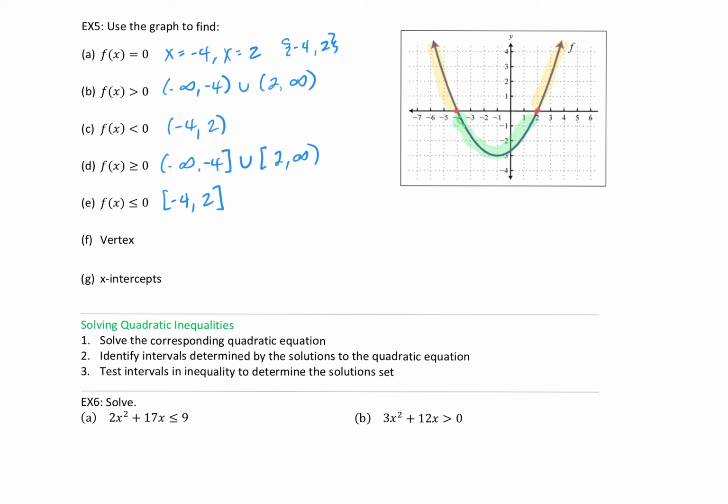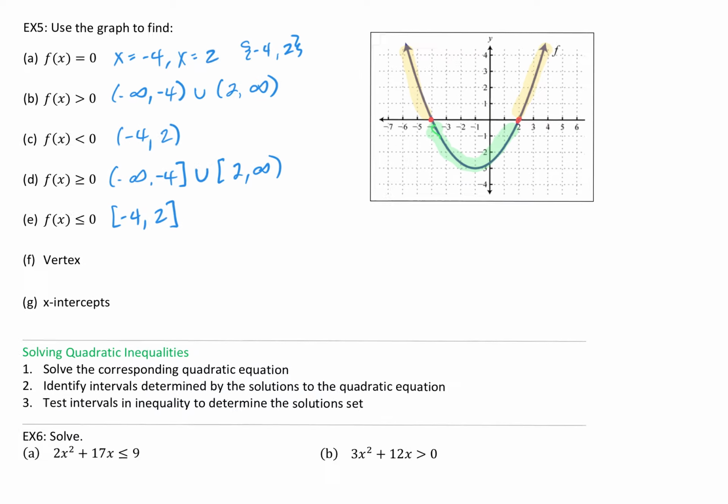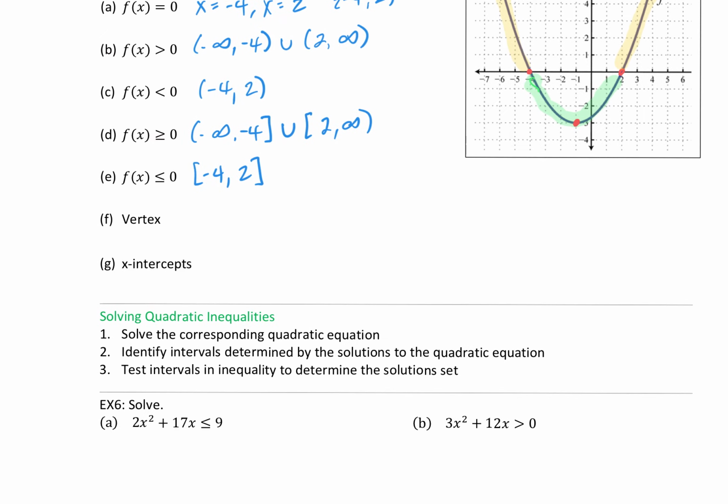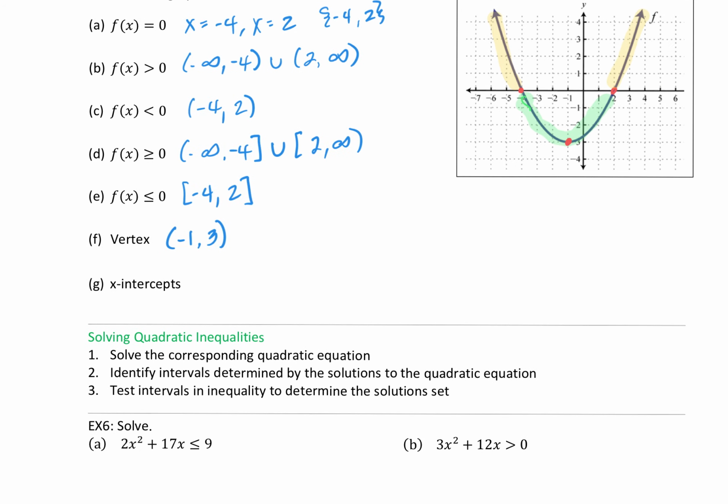What about the vertex? Well, if I look at the graph, it appears that the vertex is -1, 3. And that's a point, it's not an interval. What about the x-intercepts? Well, we already found those.